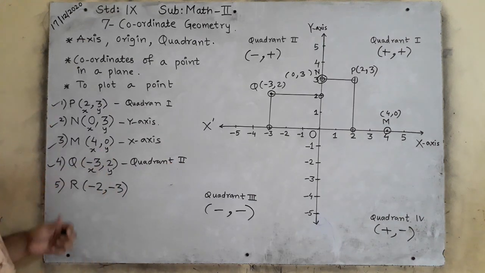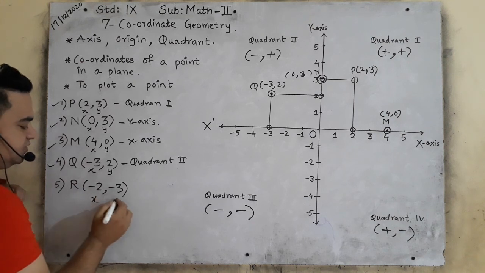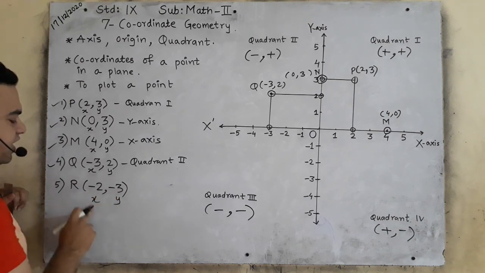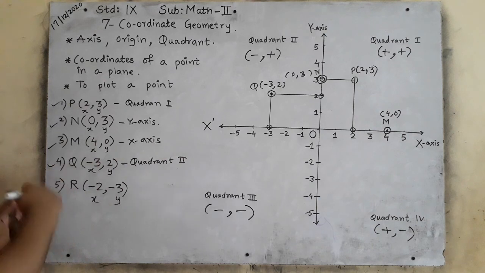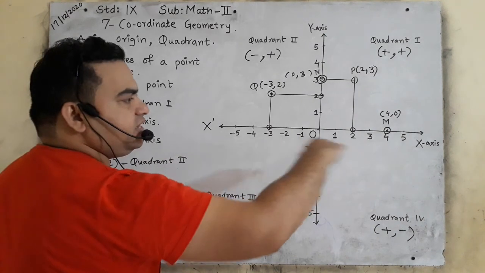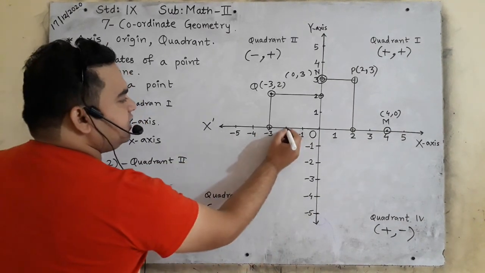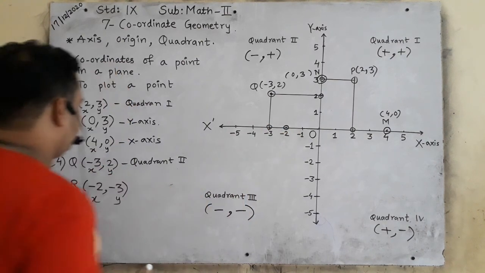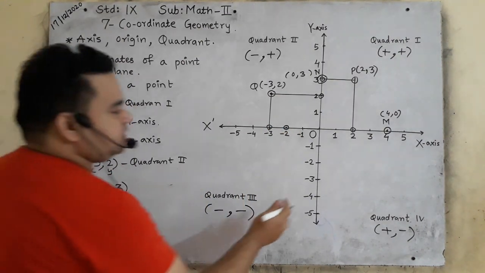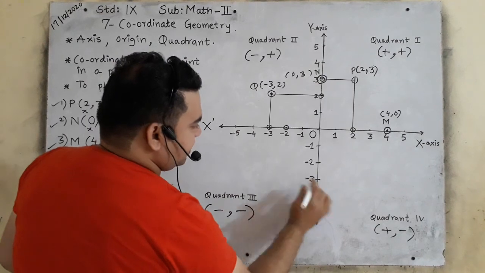Is it clear? Now see the fifth one. R -2, -3. This is x and this is y coordinate, right? So x -2. X line पर -2 ढूंढो. X line पर horizontal line पे -2. It is here, right? It is here -2. And y axis -3. Y axis is a vertical line. So -3 is here.